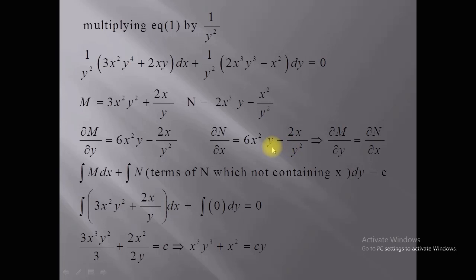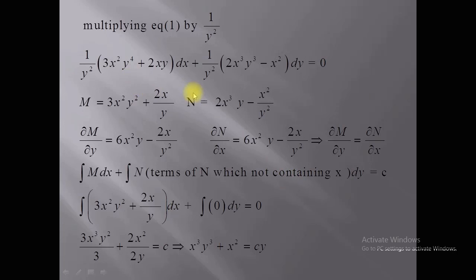Now dear students, note that these two partial derivatives, partial M by partial y and partial N by partial x, are equal. So this new differential equation is now an exact differential equation. Now we can find its solution by taking integration of the M function with respect to x and integration of those terms of N which do not contain x.